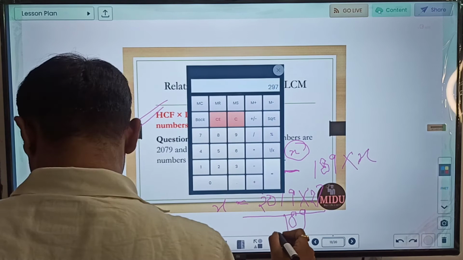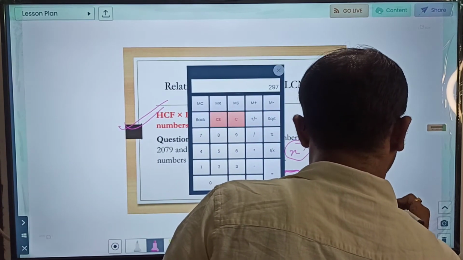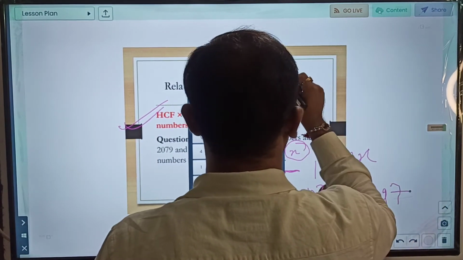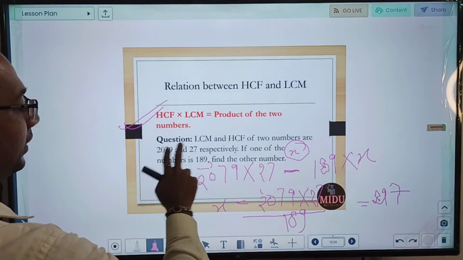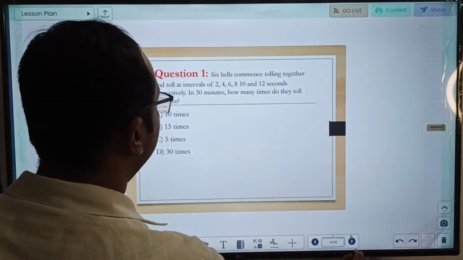So 297 is what we get. So the other number is 297. So 297 is one number, 189 is the other number, and these are their LCM and HCF. This was the relation between these two.